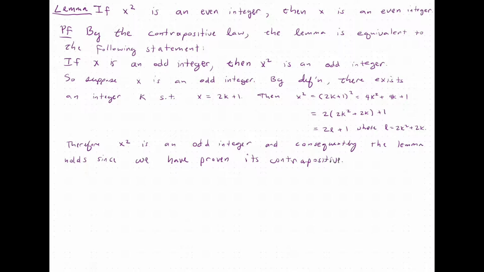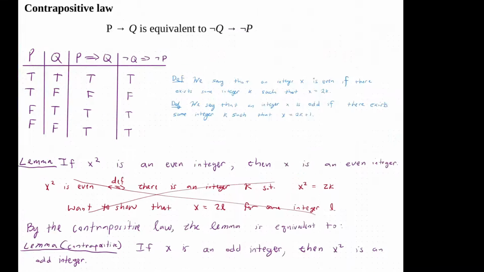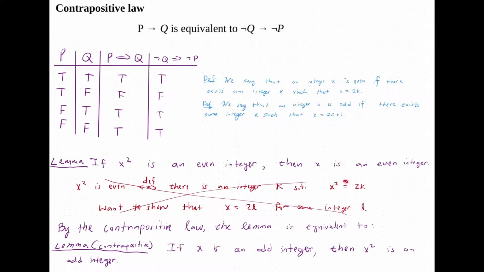And so that's one of the benefits of the contrapositive: it allows us to prove a statement that at this moment we are unable to. By switching to the contrapositive, we completely bypass the error that we were facing, namely the fact that we had no tools for understanding this x squared.